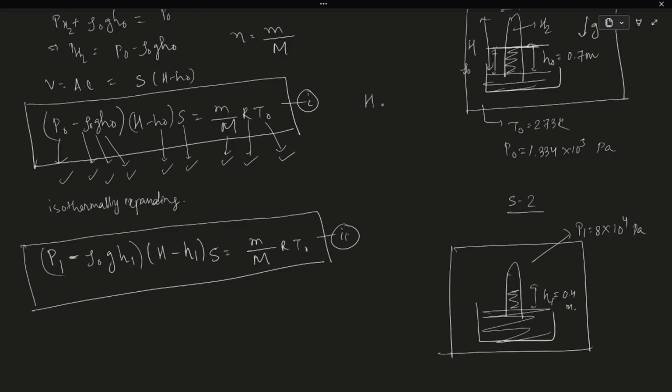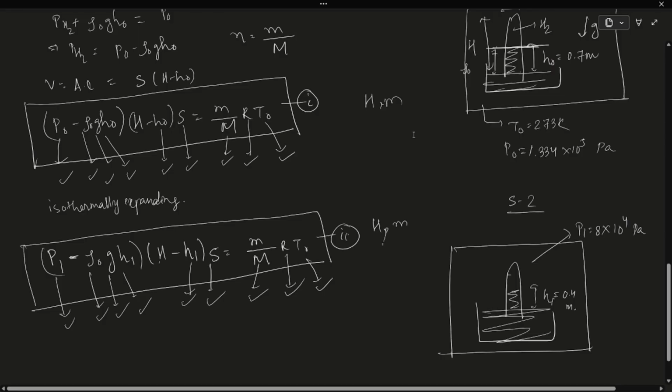So the variables here are H and M. Similarly, P1 is given, rho naught is given, g we know, h1 is given, S is given, capital M we know, R is given, T naught is given. Here also H and M are the variables. We solve these two equations, then we get the height of the tube and the mass of hydrogen present. Our first intention is to find the mass, right? So let's solve the equations.